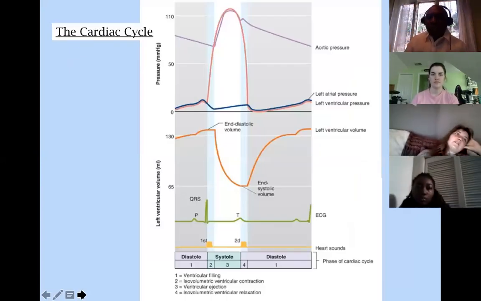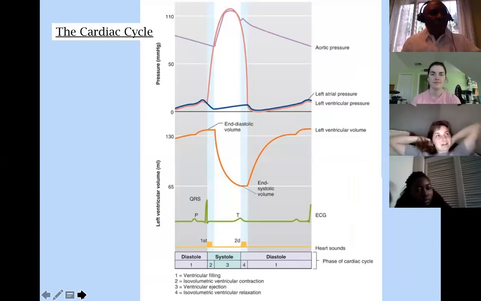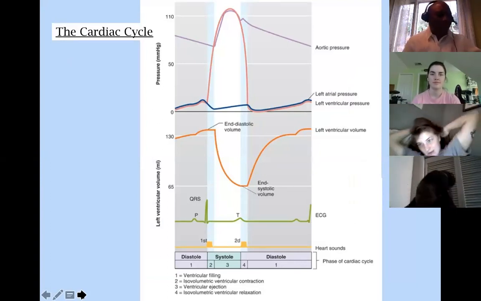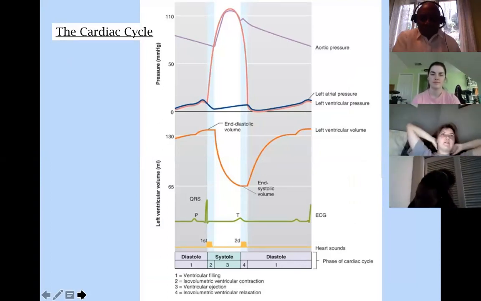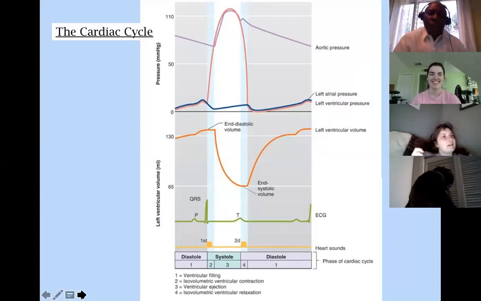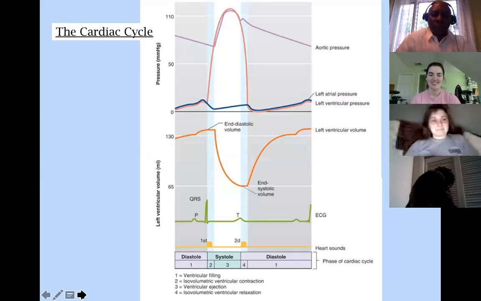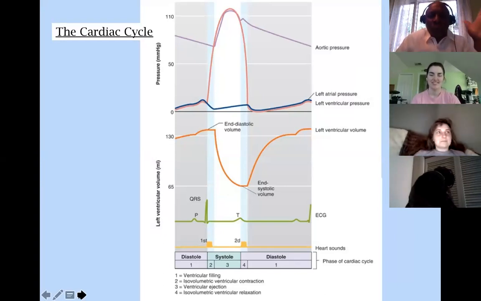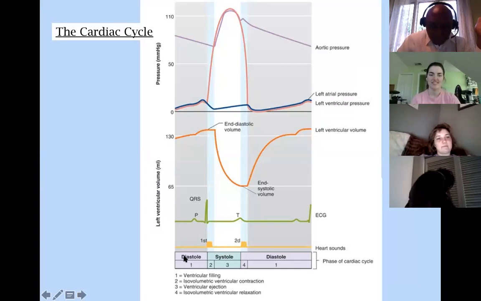Now we go to the cardiac cycle. This is a very busy slide, but we've covered most of the things, so don't let it intimidate you. Some of the things we have not covered yet. So to start off, this is divided into systole and diastole.